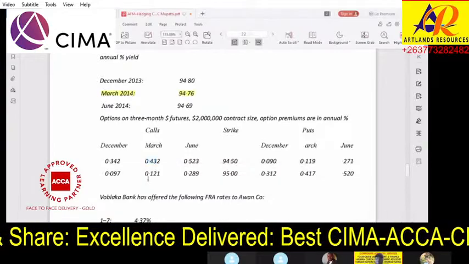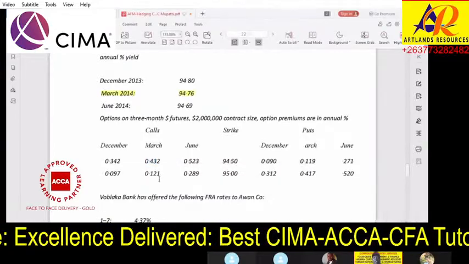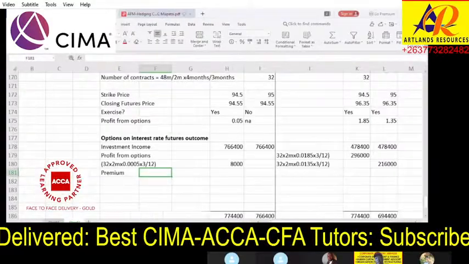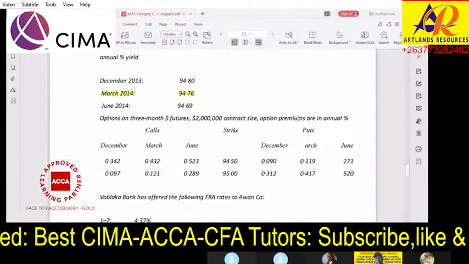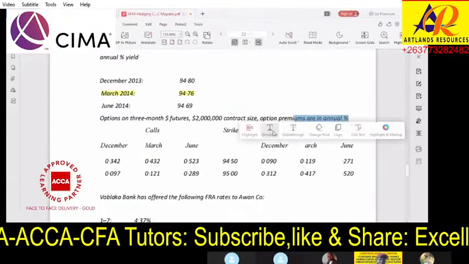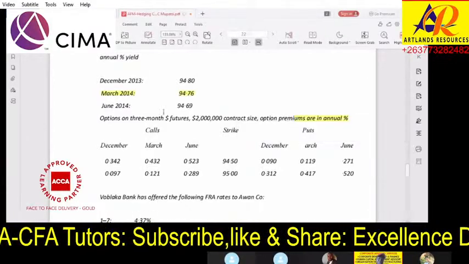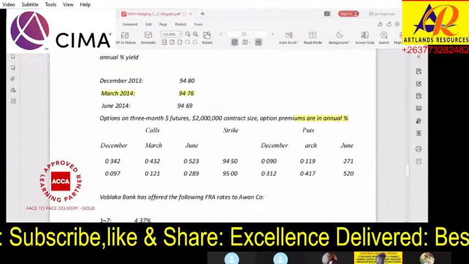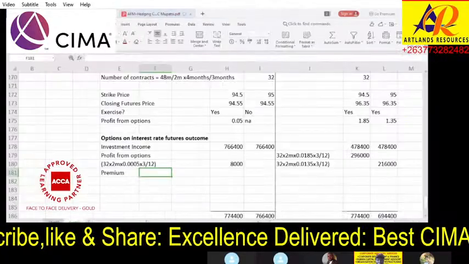At a strike price of 95, it's 0.121%. You may say, where are you getting the percent? They tell you that option premiums are in annual percentages. These are 3 months, so you have to multiply by 3/12 because these are annualized rates. So here is the premium.